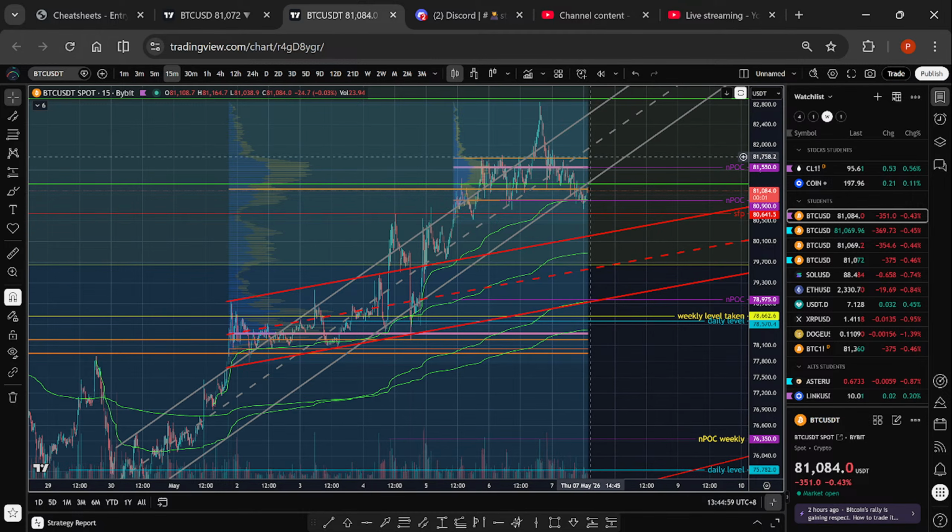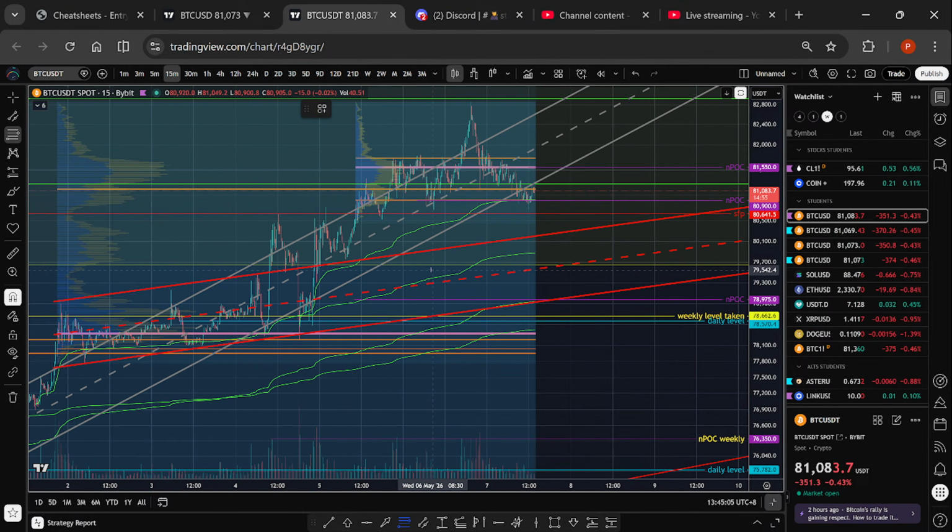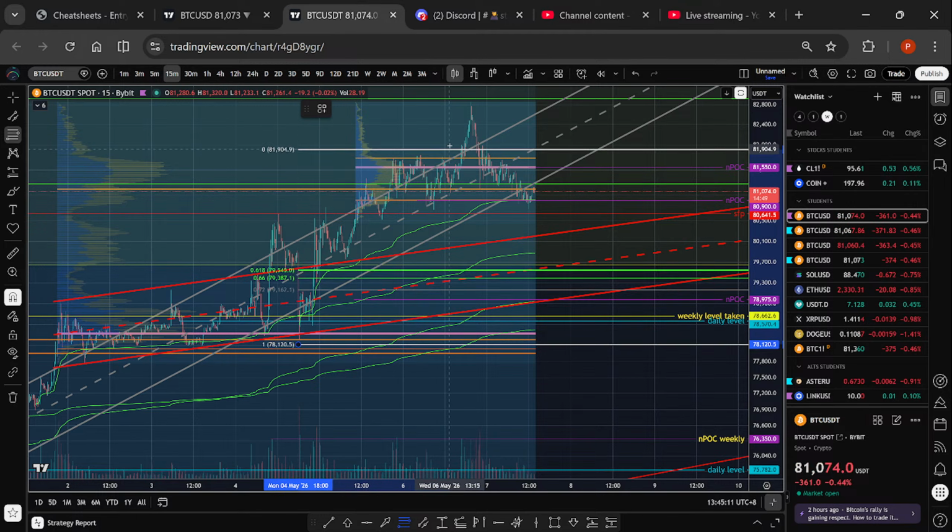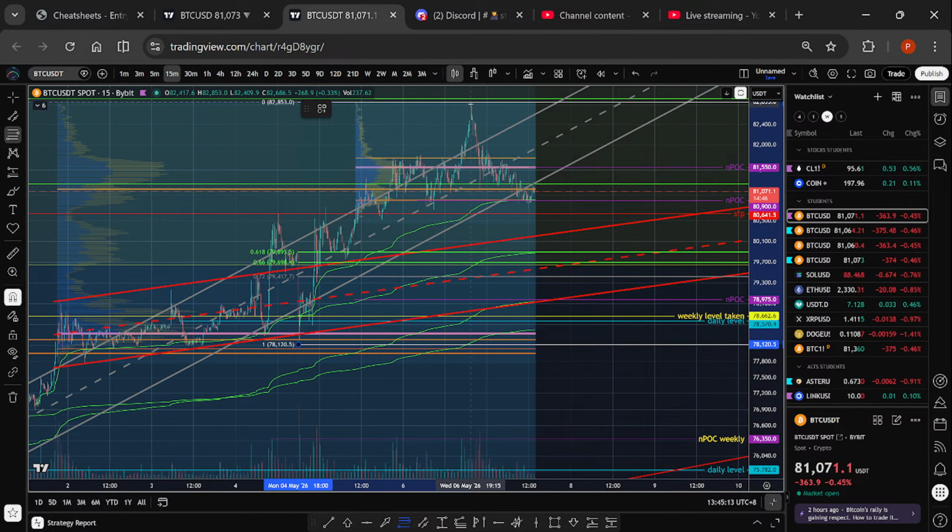The other area that you would look for, let's have a quick look at some fibs. There's nothing really around there.